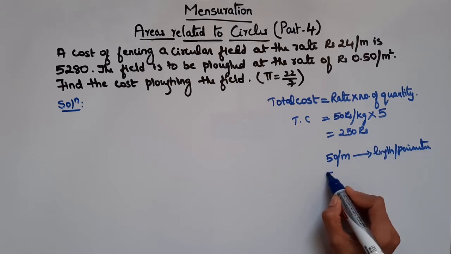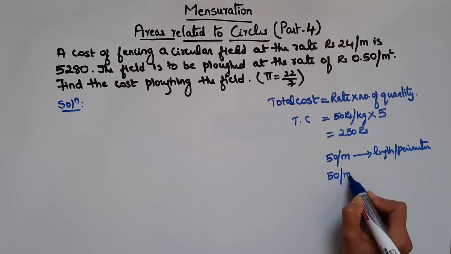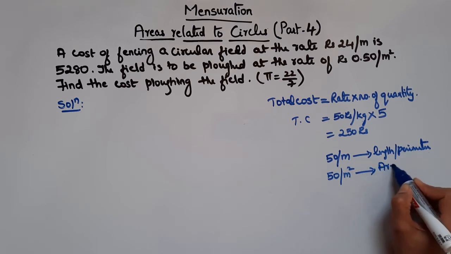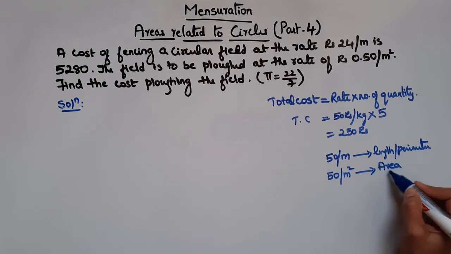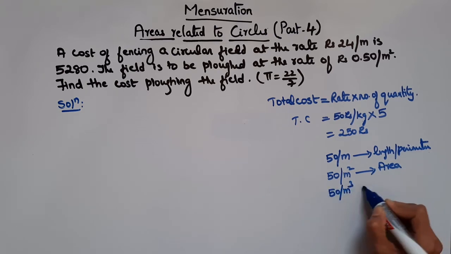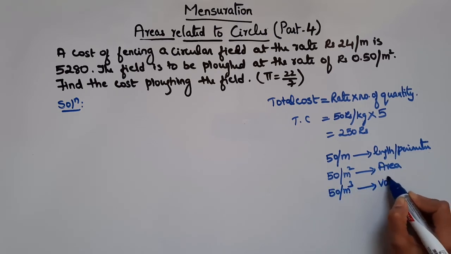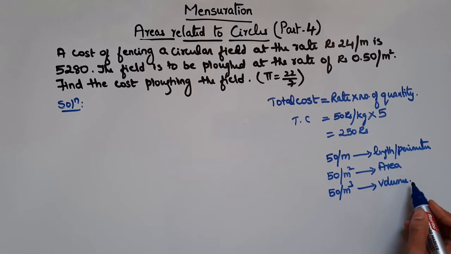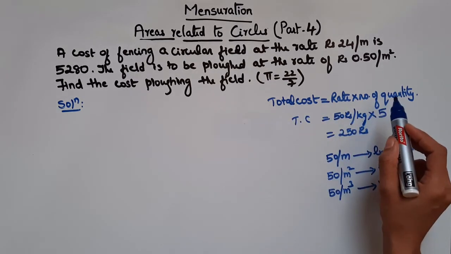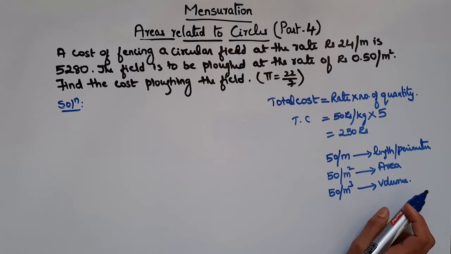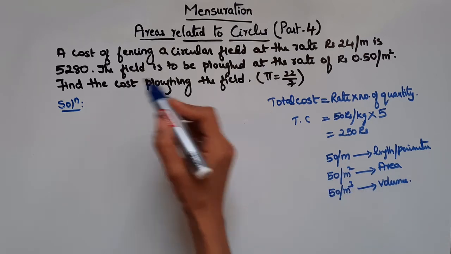Say for example, if the rate is per meter square, that means we are talking about area. The number of quantity is area. If it is 50 per meter cube, here we are talking about volume. So the number of quantity will be nothing but volume. So the above equation is applicable for finding total cost in all cases. I hope you are getting my point. So keeping this in mind, now let's see this problem.